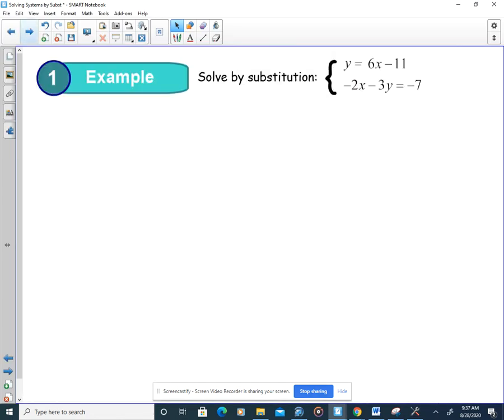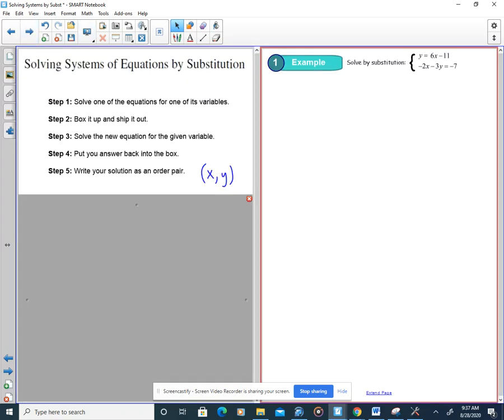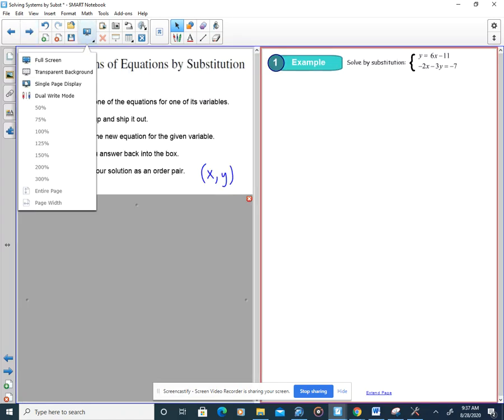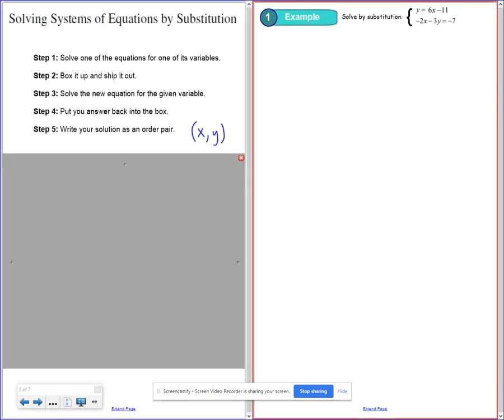Alright, so let's try an example here. If we look at the system over here on the right, we got two equations.